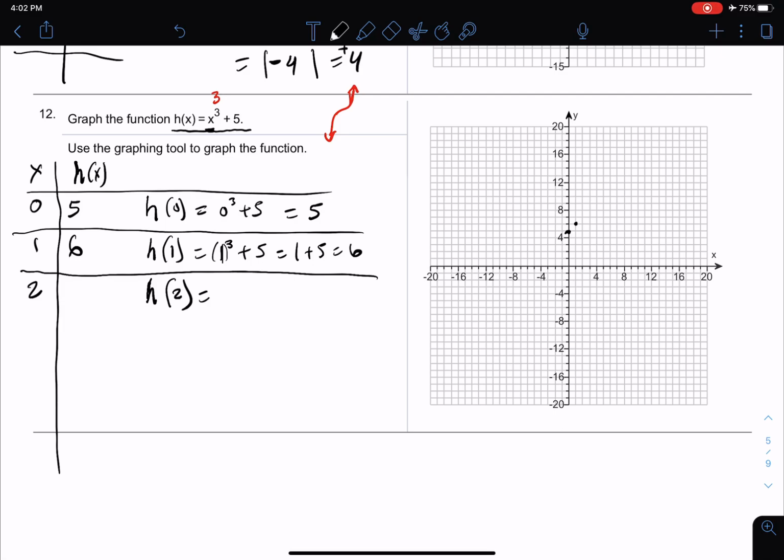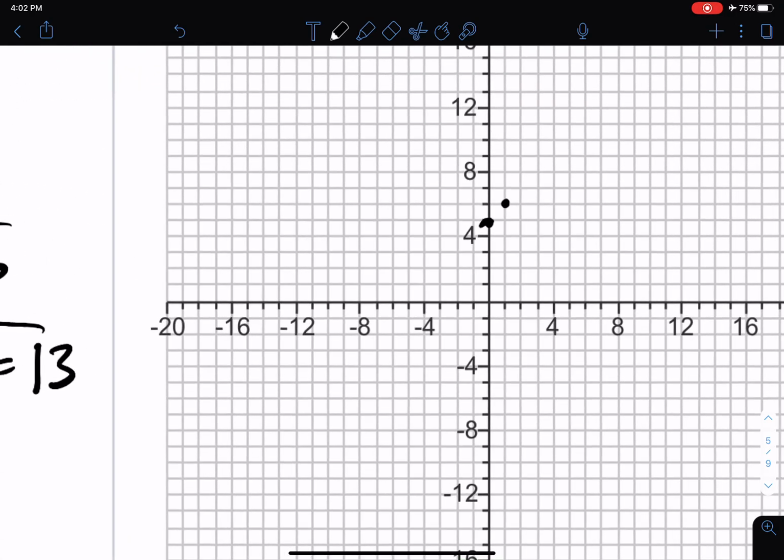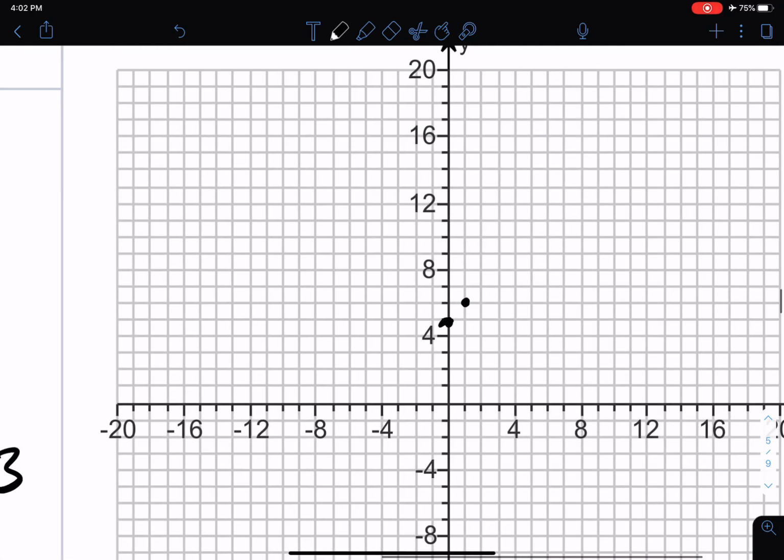Remember, this h of x function says to cube the input plus 5. You're going to find out that cubing numbers, they grow fast. 2 cubed is 2 times 2 times 2, which gives me 8, plus 5, which gives me 13. So that grew real fast. If I go to 2 comma 13, there's 2, and I go up to 13, which is right there.